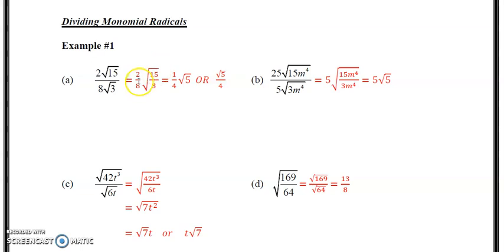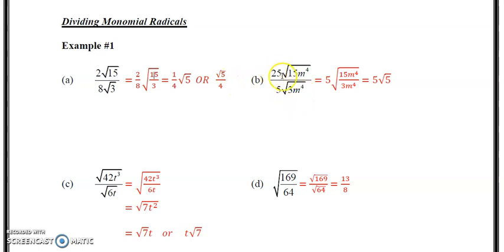Okay, so it's a similar process. It can all be written as a square root. So the 2/8 can be simplified to 1/4, and 15 divided by 3 is 5. So we can write this as 1/4 root 5, or root 5 over 4, or root 5/4. It's up to yourself.